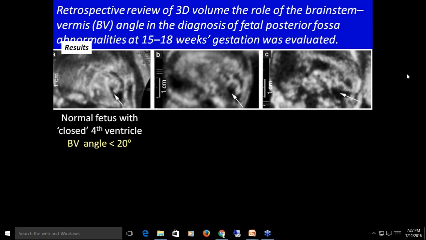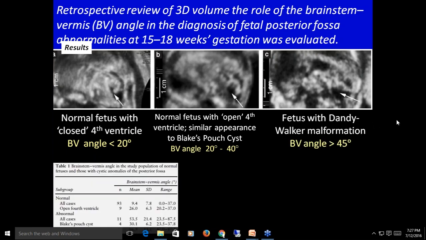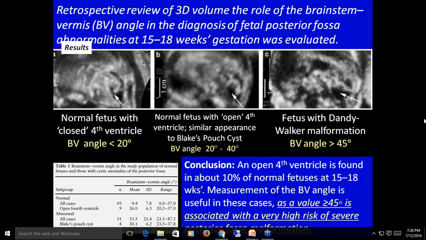So these are their results. In normal fetuses with a closed fourth ventricle, the BV angle was always less than 20. In normal fetuses with an open fourth ventricle, it had a similar appearance to Blake's pouch. The BV angle was between 20 and 40 degrees. And in fetuses that eventually developed Dandy-Walker malformation, the BV angle was greater than 45.